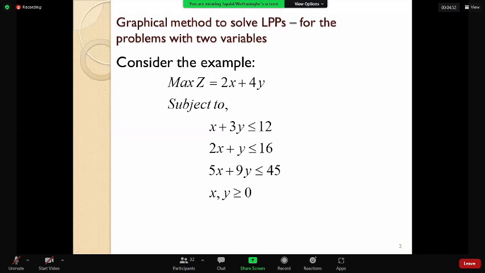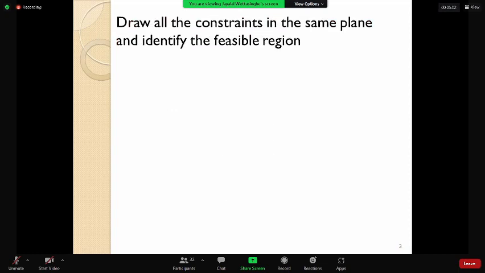Then the problem is how we can draw these inequalities in the graph. Okay, so first we have to forget about the inequality part, and we have to draw the lines.